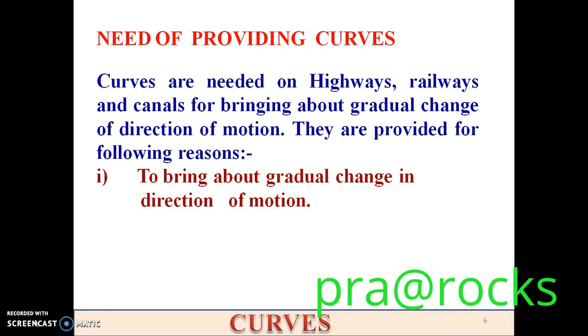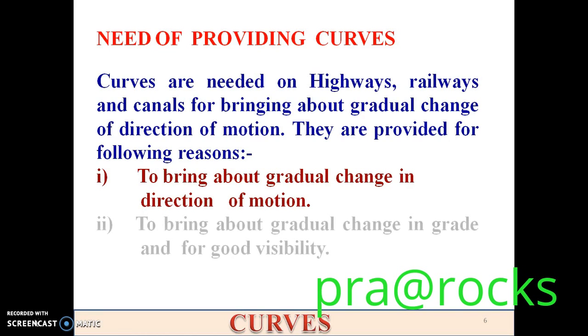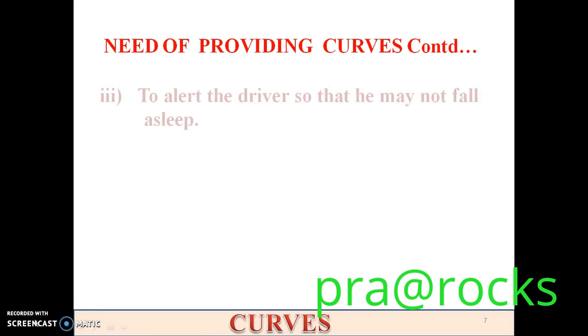To bring about a gradual change in the direction of motion. Whenever a direction change is required, we can provide these curves. And in order to bring about a gradual change in grade and for good visibility, these curves are provided. And it will alert the driver so that he may not fall asleep.